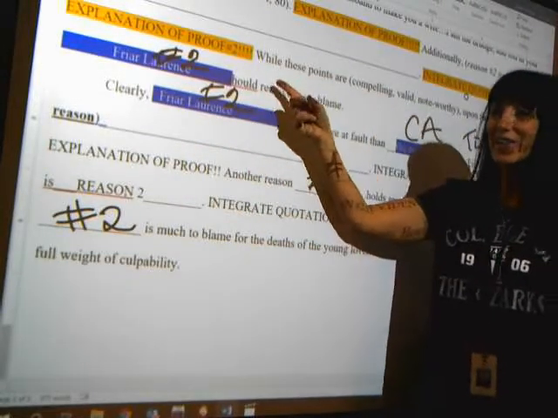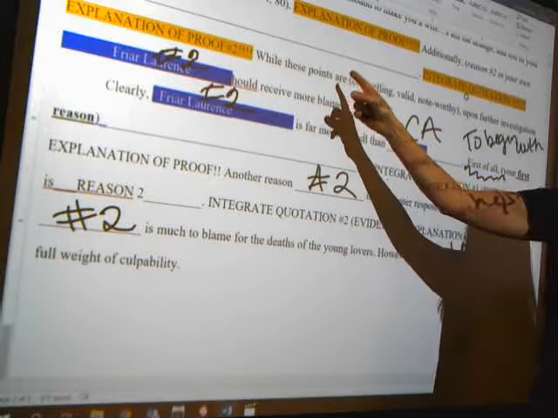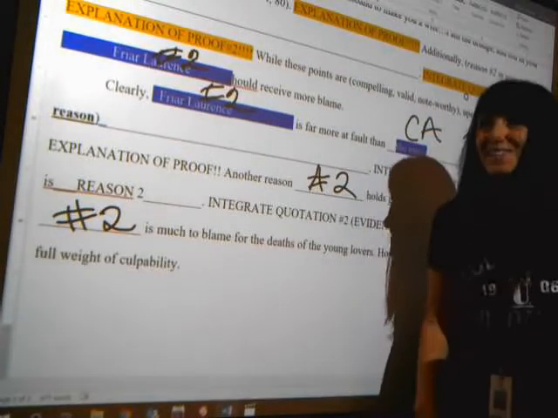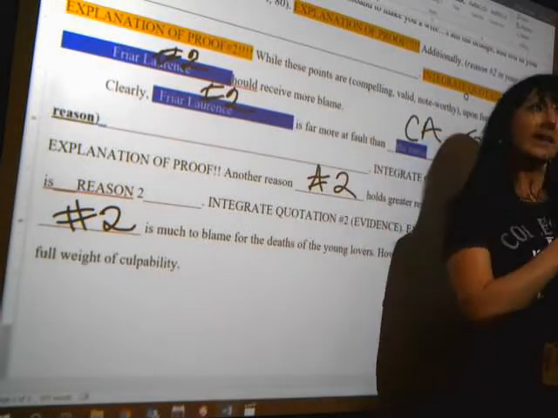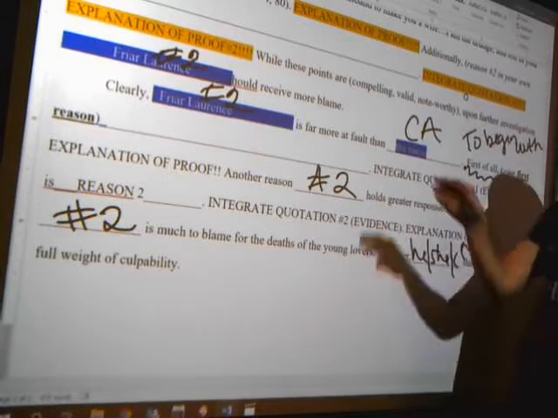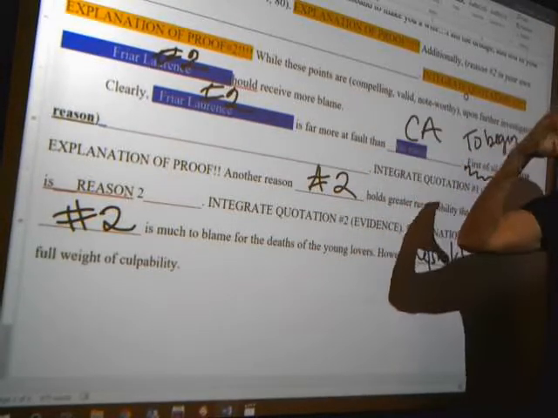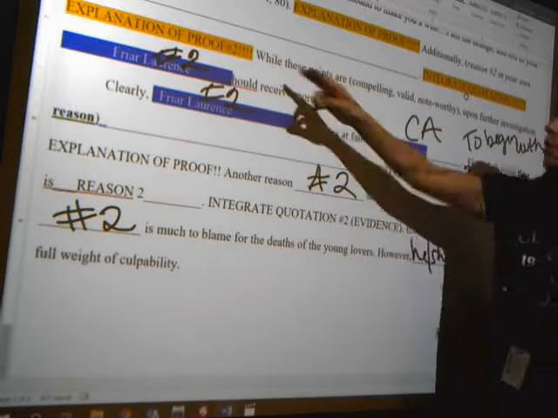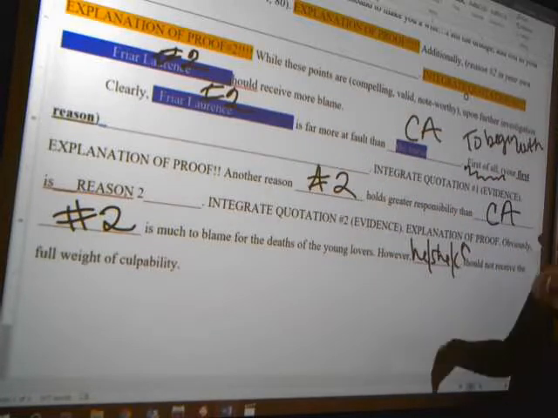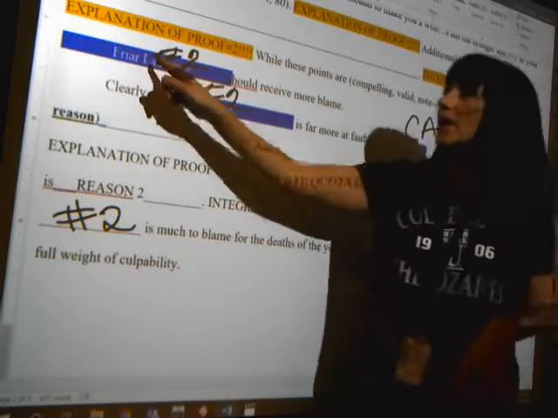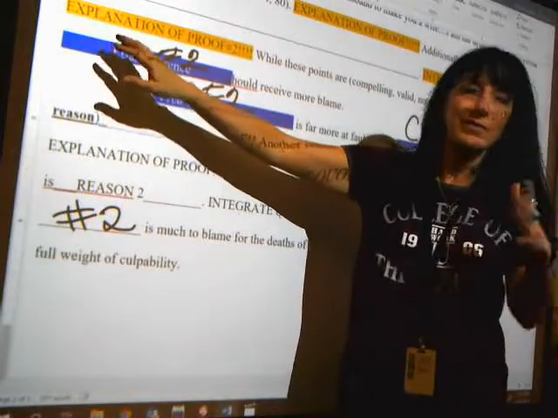And you have here, while these points are, and then look, I gave you some more choice. You can pick one, okay? So, while these points are compelling or valid or noteworthy even, comma, okay, you don't put it in parentheses. That's just showing you pick one, all right? While these points are noteworthy, comma, upon further investigation, and then I've inserted a character here.